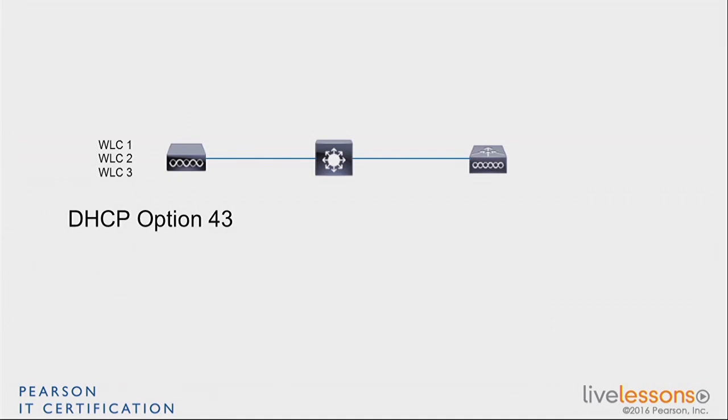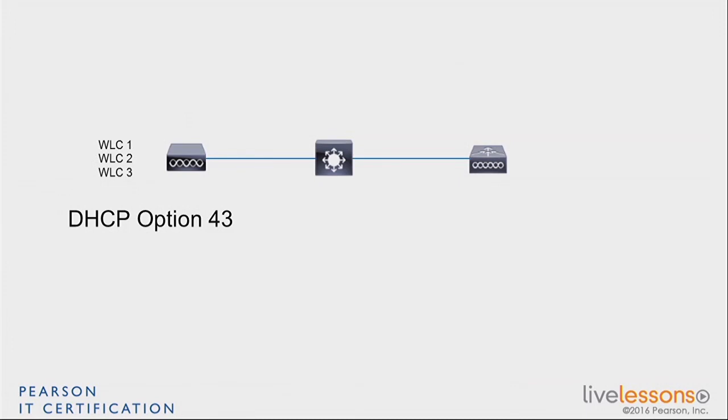And this is what we can do here as well. So if you set up your DHCP server, you can configure it to return to that access point an option that only the APs understand, and that information is the controller IP address. It's vendor specific because you understand a laptop will not understand what controller IP address is supposed to mean. You have to be an access point to make sense of that information.